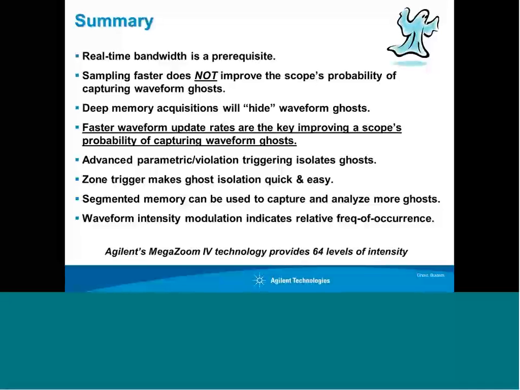So let's review what we've learned today before we go to our Q&A. Real-time bandwidth is a prerequisite for capturing not only infrequent signal anomalies, which we've been calling waveform ghosts, but it's also a prerequisite for whatever signals you need to capture.